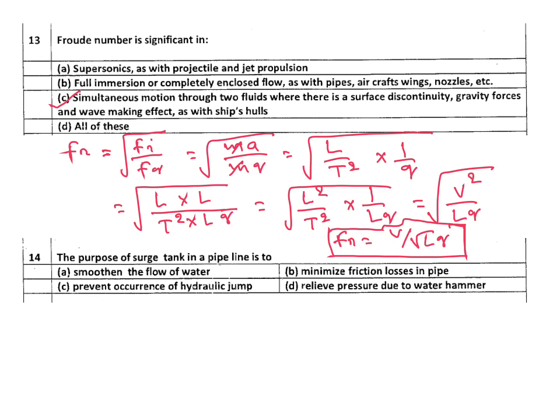Surge tank in a pipeline: if it is a dam, pipeline, here turbine setup. So surge tank, here you will get a small tank. This area is the turbine.